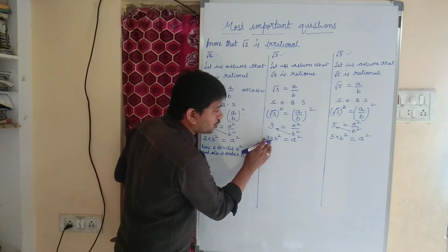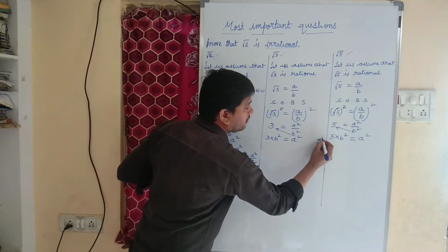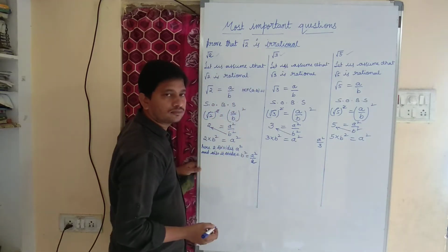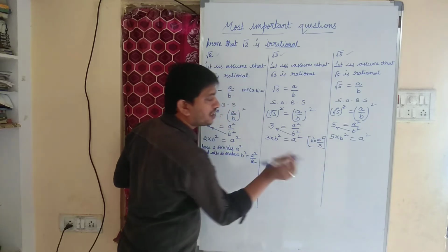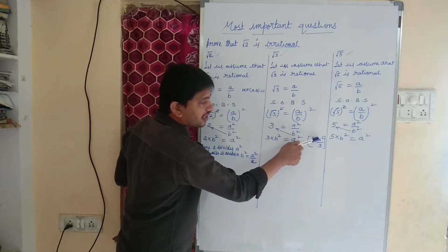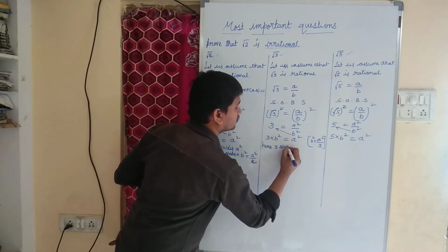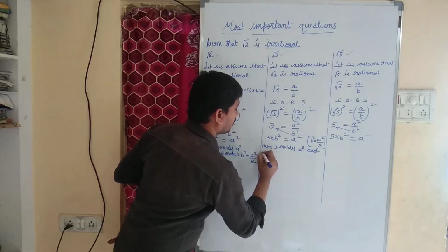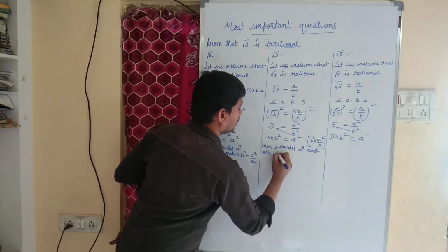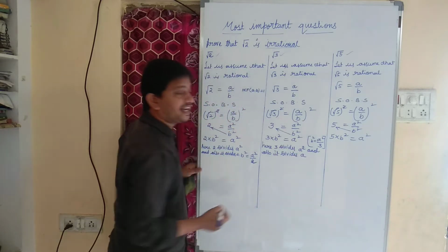Here also you see, 3 into b square. Nothing but 3 is multiplied by b square. If you transpose towards the right hand side, it will become a square by 3. So b square equal to a square by 3. What is the meaning of that? Here 3 divides a square, and also it divides a.